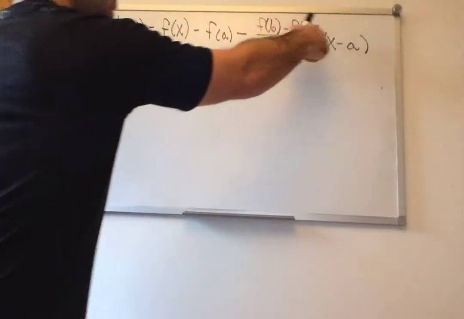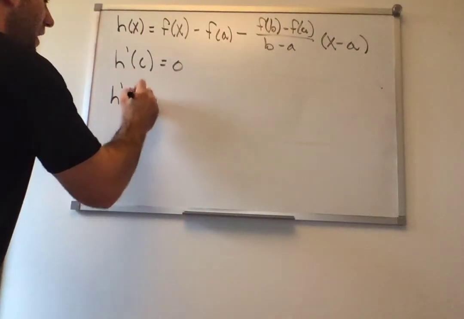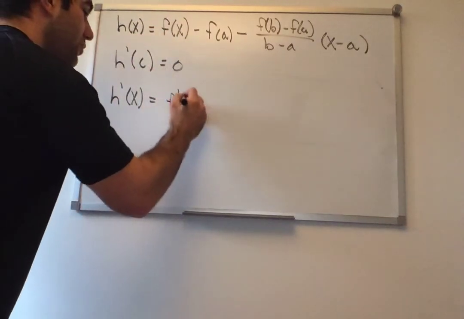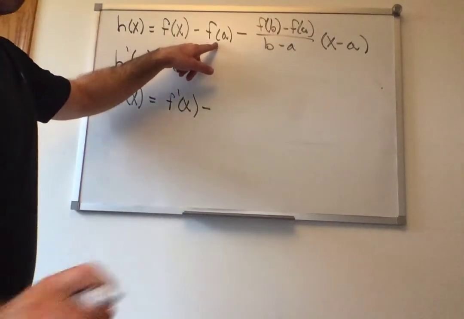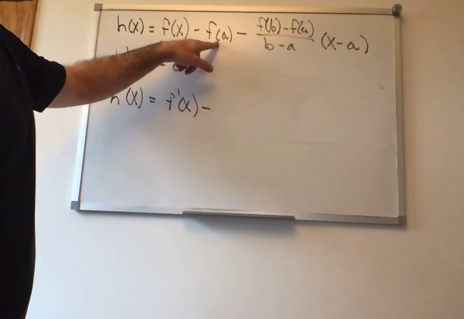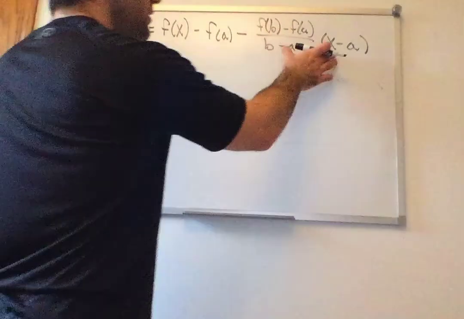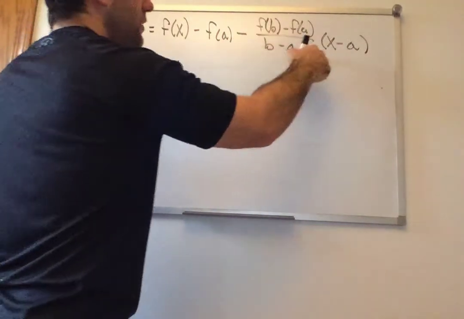So the derivative of this function, so h prime of x is equal to, well, derivative of f of x is f prime of x minus f of a. F of a is just a number, so that's 0. Over here, if you notice, this right here, that's just a number.